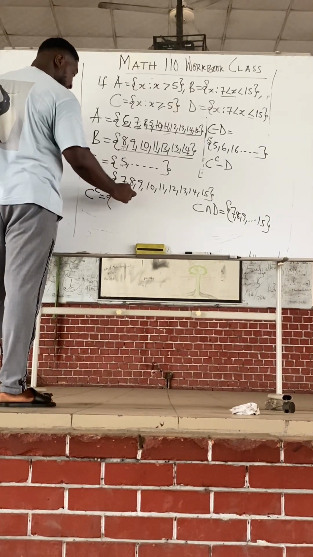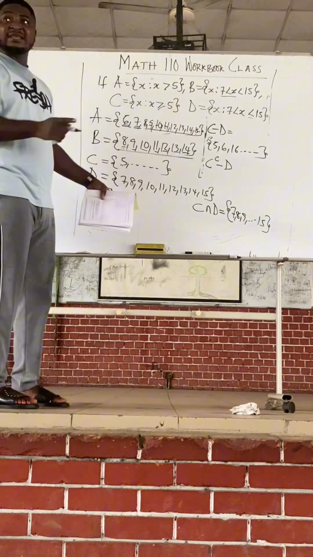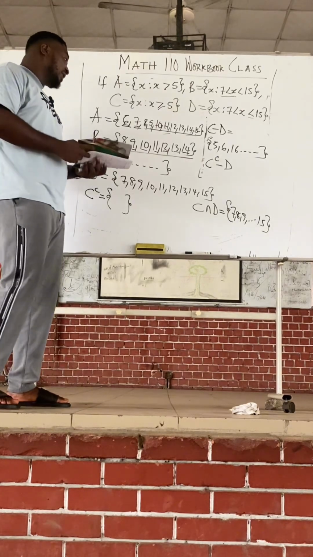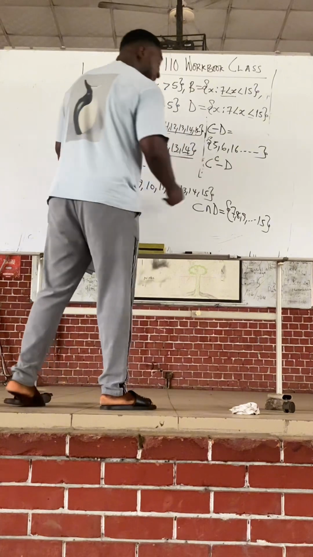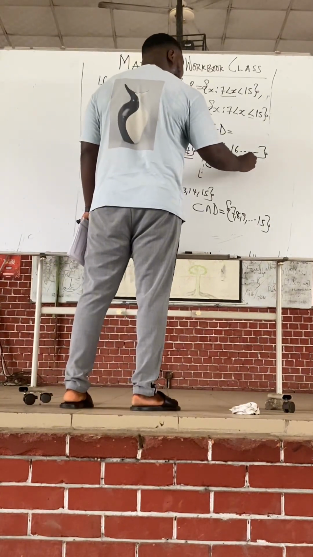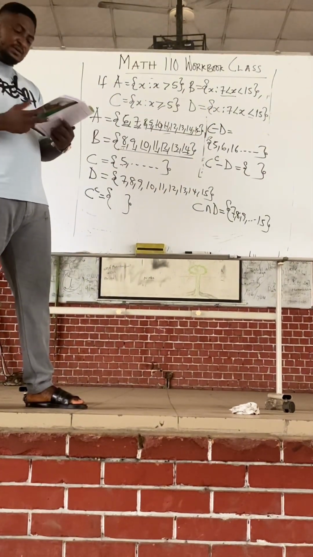Is it an empty set? Okay, that's true, because C is 5 till infinity and my universe set starts from 5 till infinity. So C complement is an empty set. An empty set minus anybody is an empty set. So C complement minus D is an empty set.